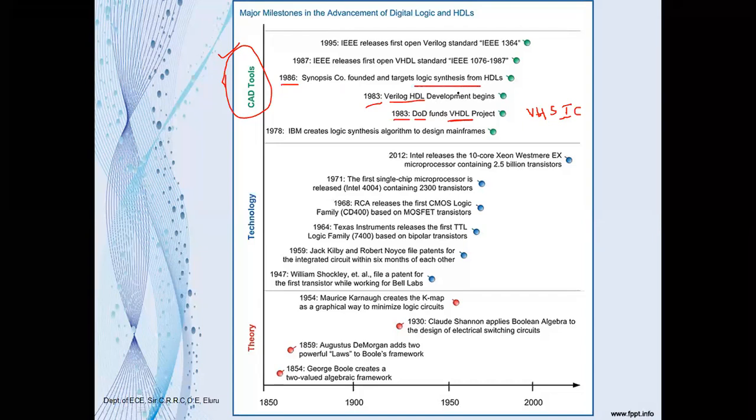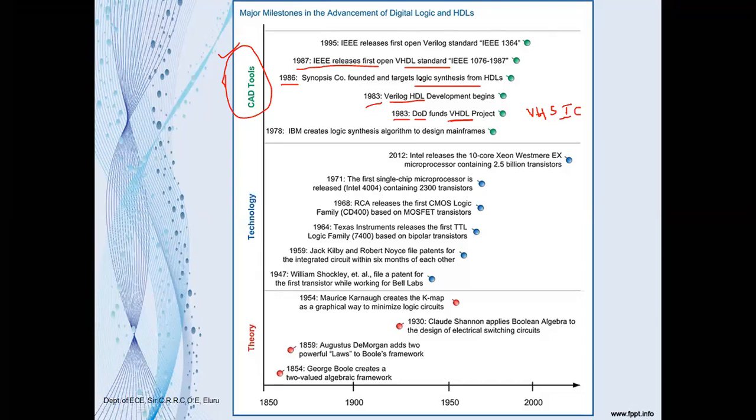So together, the logic synthesis tool and the early version of VHDL were released as the IEEE standard version of the VHDL tool. Now the IEEE standard version can describe the system, simulate the system, and synthesize the system.